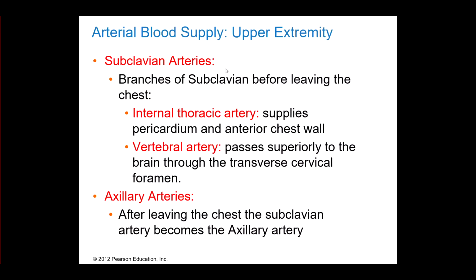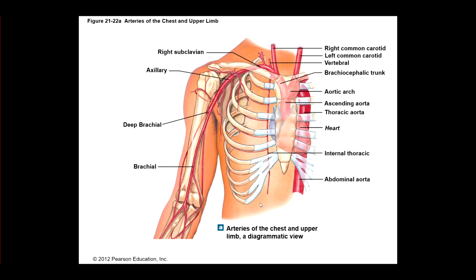Now the subclavian artery, as it continues down, it goes through the armpit. And we know that the armpit is called the axilla. So all we're going to do is change the name from subclavian artery into the axillary artery. So we follow this here. All of this is subclavian. Here's the clavicle.